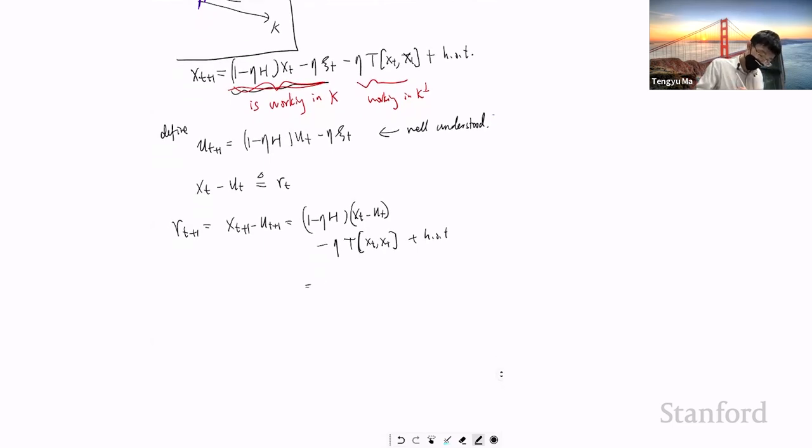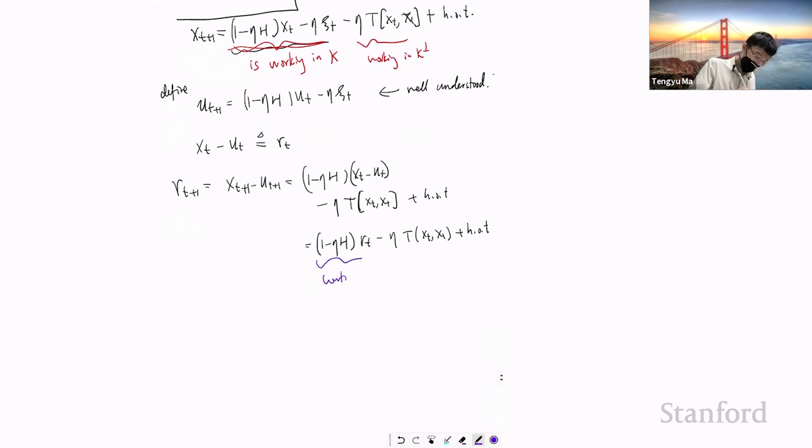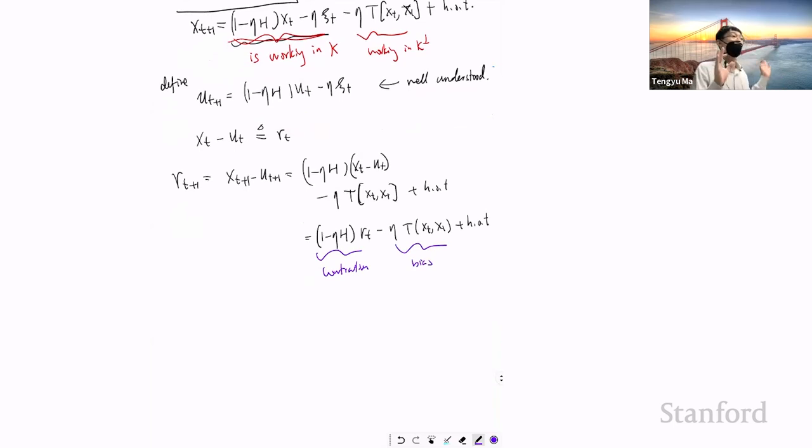And then this is (1 minus eta H) r_t minus eta times the third order term at x_t. The interesting thing here is that you still have the contraction. And this is the bias or the regularization effect, but there's no noise anymore. There's no stochasticity.